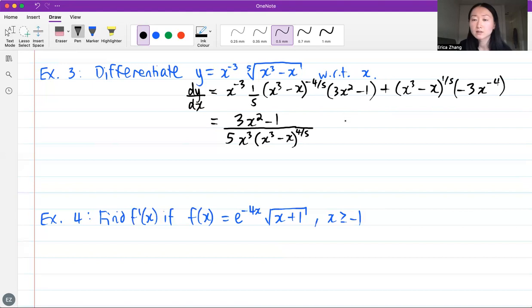Okay, and then on the right hand side here we have -3 times (x cubed minus x) to the power of 1/5 over x to the power of 4.